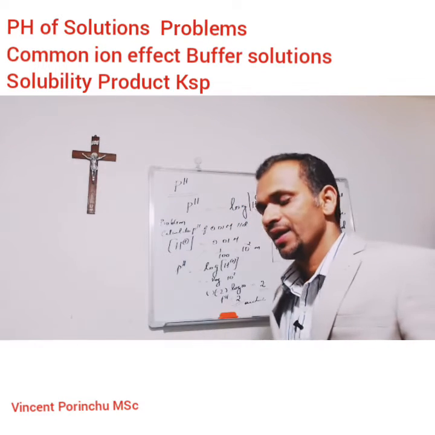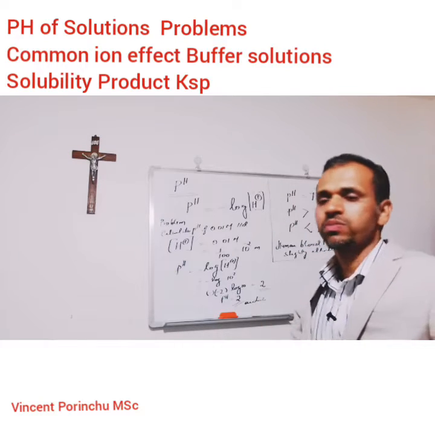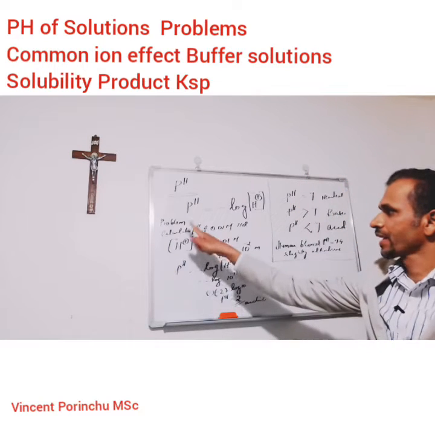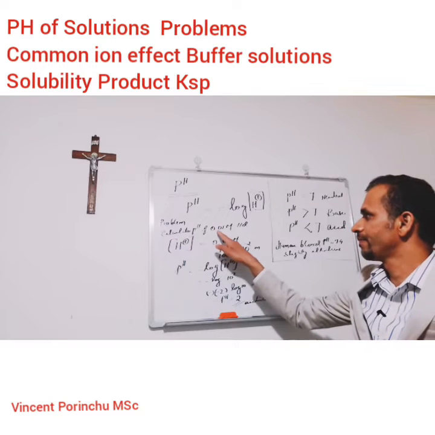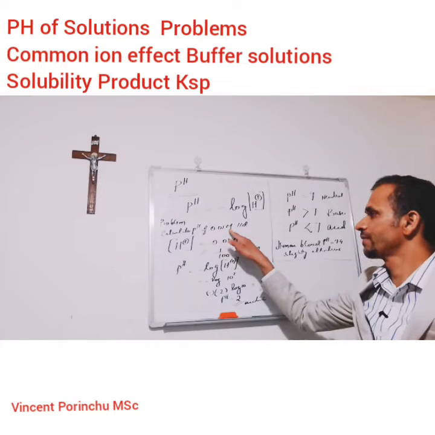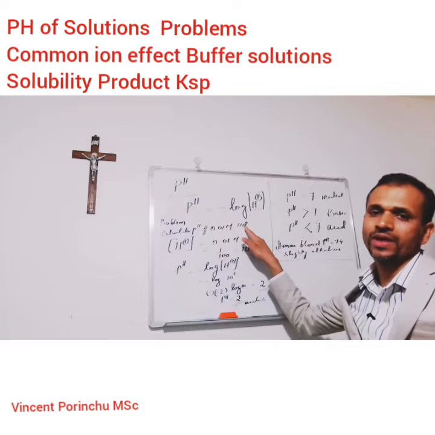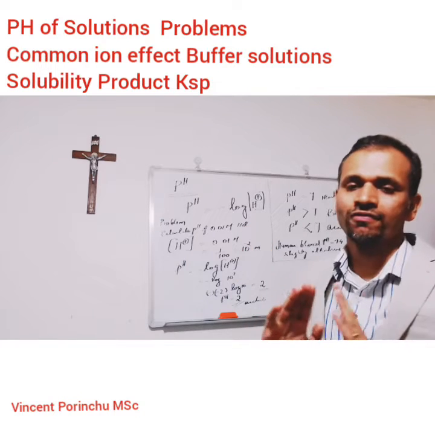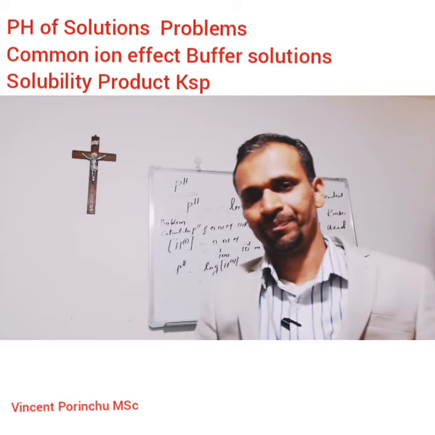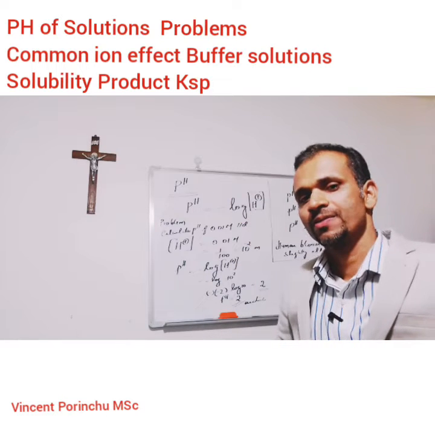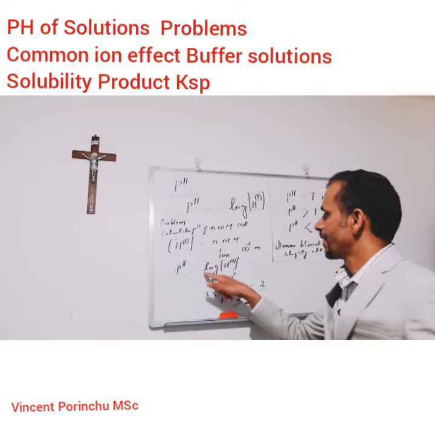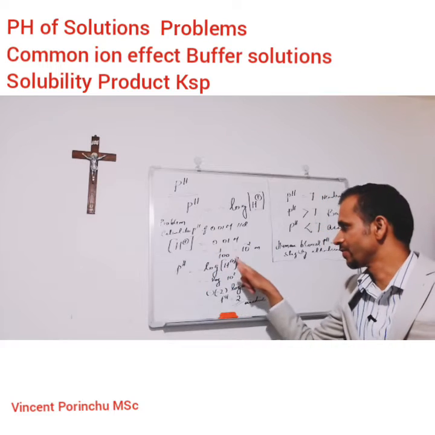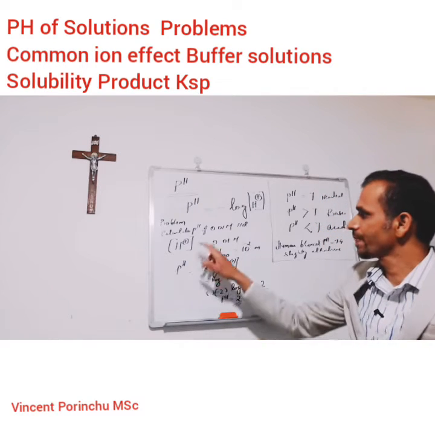So let's go through a simple problem. Calculate the pH of 0.01 molar hydrochloric acid in its fully ionized form. According to our definition, pH is equal to minus logarithm of H positive ion concentration.